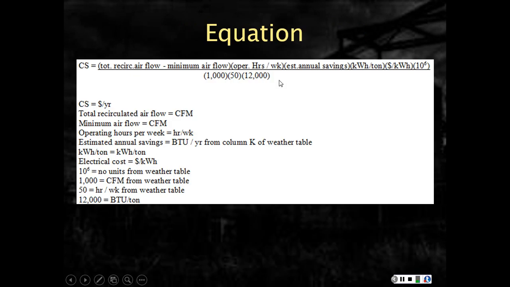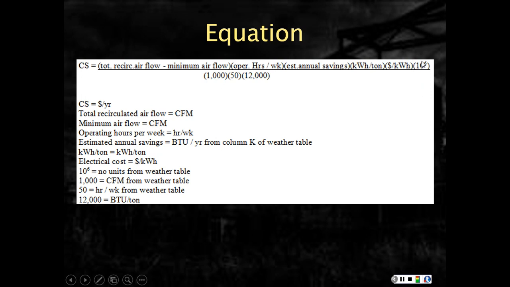So let's look at the formula. The formula of the calculated energy savings is the total recirculated airflow minus the minimum airflow, times the actual hours of operation per week, times the estimated annual savings, times the kilowatt hour per ton, that's our cooling, we talked about that in the last lecture, times the cost per kilowatt hour, and that's our 10 to the 6th.